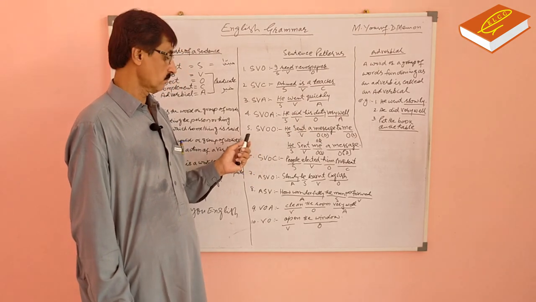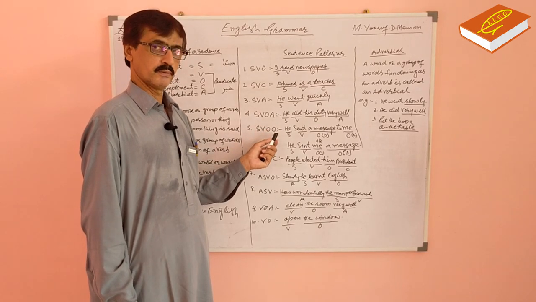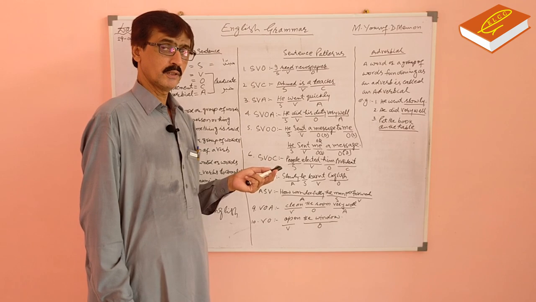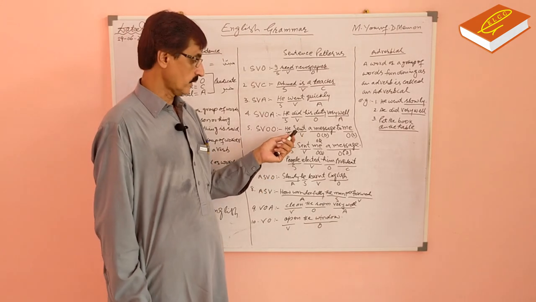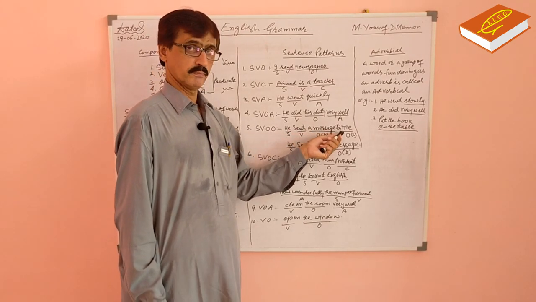Number 5 pattern. Subject, verb, object, object. There are two objects. One object will be the direct object and the other will be the indirect object. Look at these sentences. He sent a message to me.